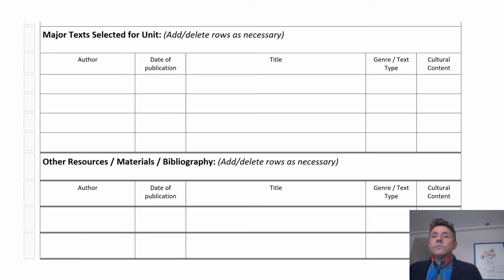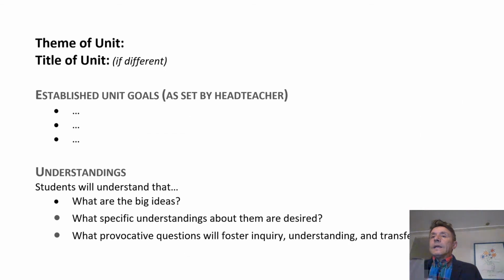And then it says other resources or materials or bibliography, such as games, other activities, or whatever strategy that is not directly connected to a text. Oh, by the way, if you choose a song as a text, it could be listed as a major text in the section above, okay?